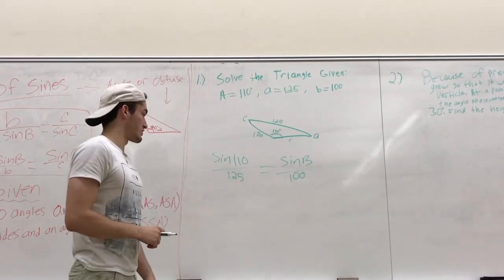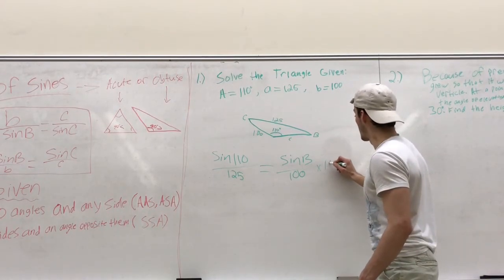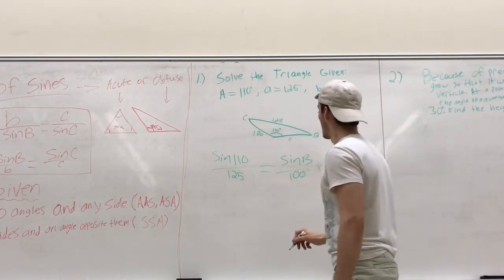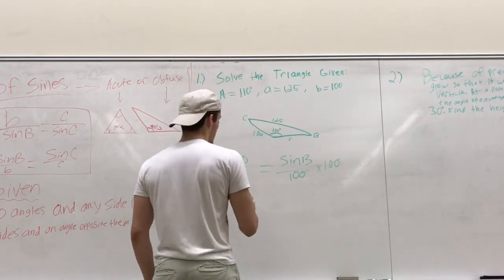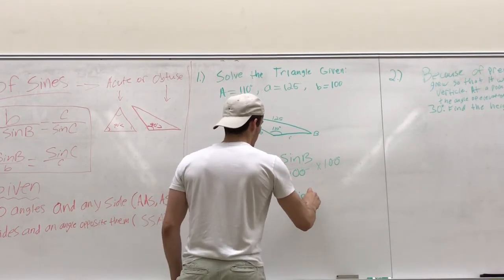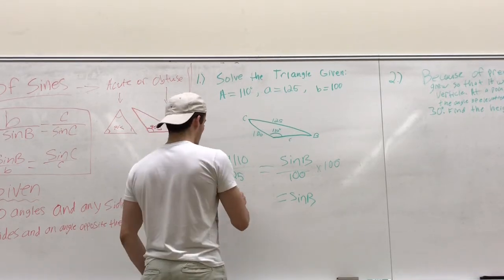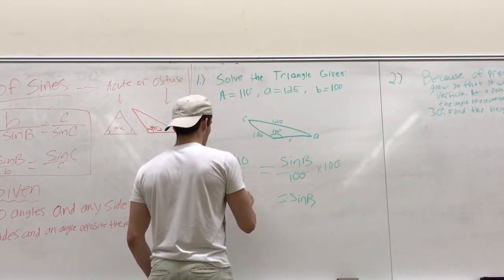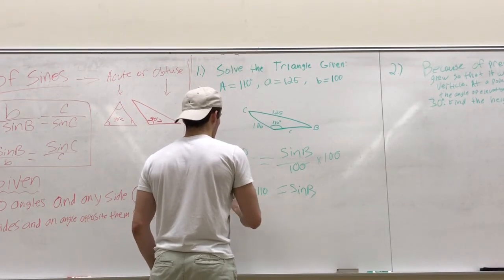Now this is really easy to solve because all you do is multiply 100 on each side, and you get sine B equals 100 sine 110 divided by 125.